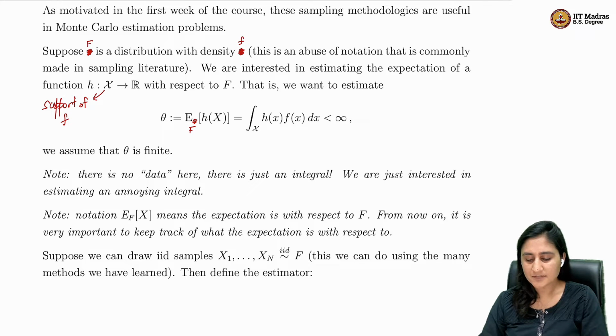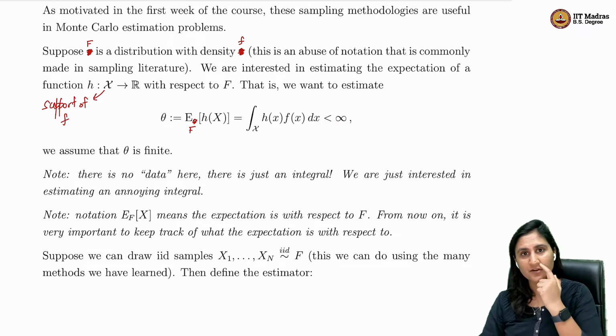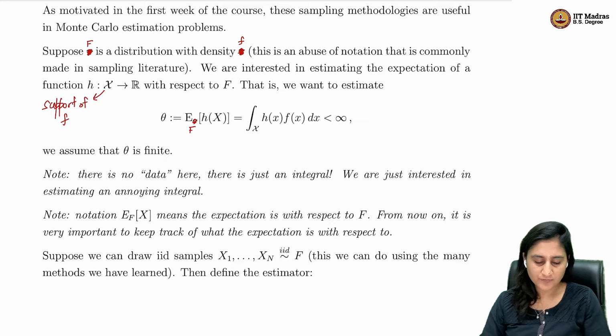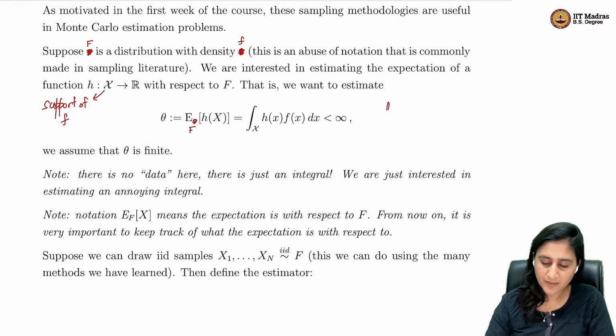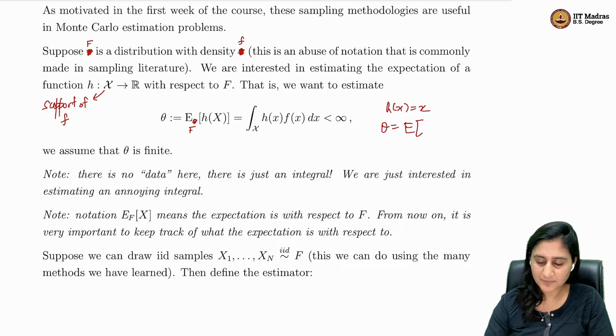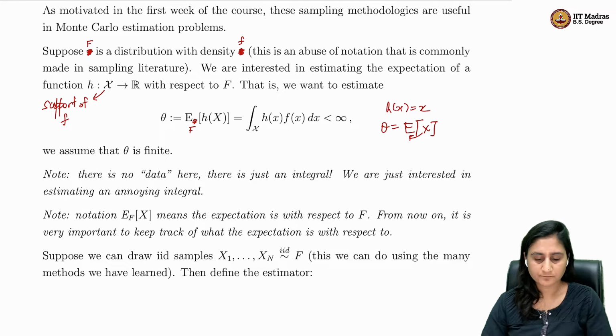I assume that this mean of h under f is finite. If this is a little confusing, think of h of x as just being the identity function, in which case theta is nothing but the expectation of x under my target distribution f.